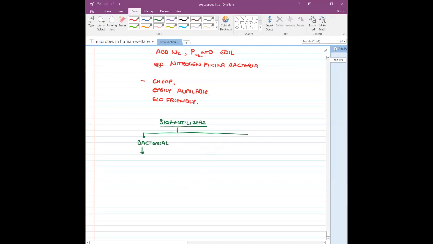This is going to be the nitrogen fixing one. These are the most commonly used, guys. Then the second one is phosphate solubilizing. This is going to break down your phosphates and make them readily available in the soil. And the third one is going to be your compost.